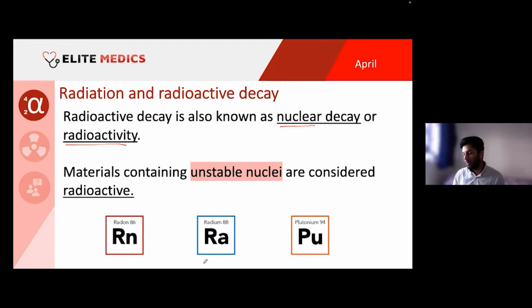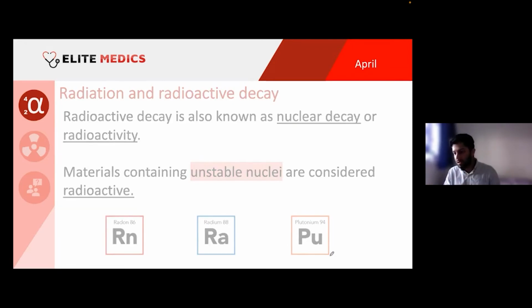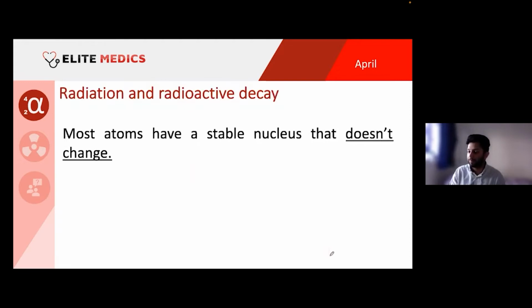So when we find these elements in the earth, they tend to be relatively radioactive and constantly emitting radiation. Okay, and this radiation is not always a bad thing. We've harnessed it for some pretty useful uses, but we'll go through that towards the end.